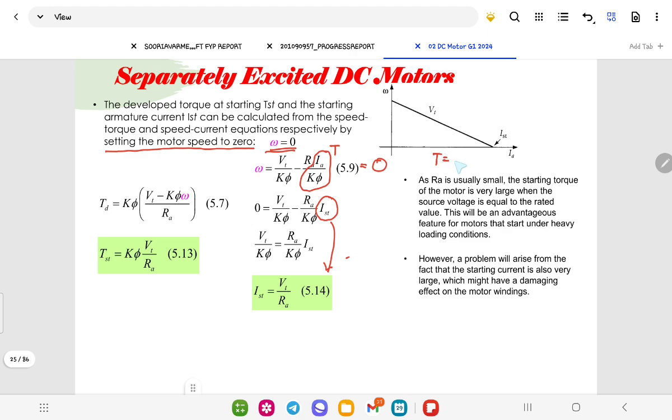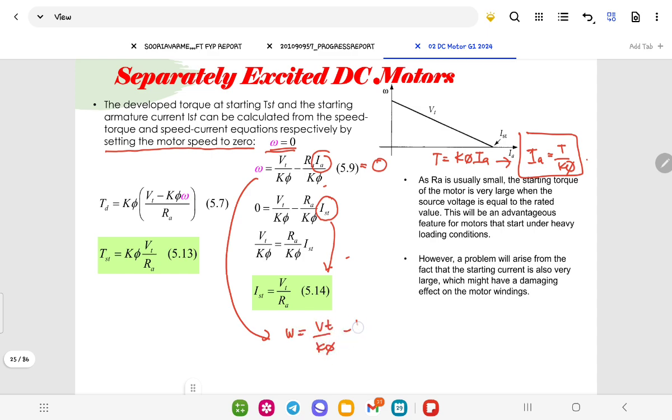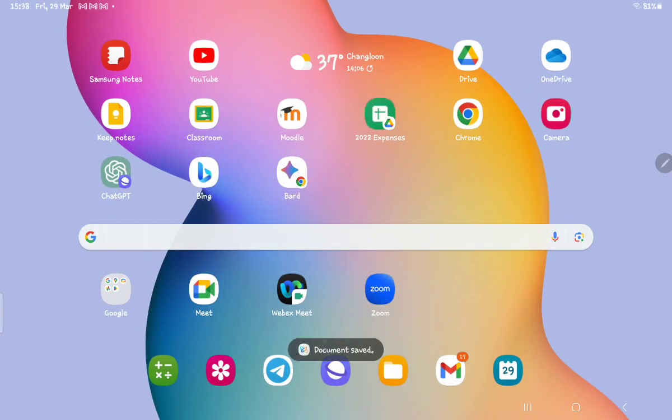T equals kV IA. When you rearrange for IA, it's T over kV. Now I substitute this IA into the equation, and it becomes VT over kV minus RA, T over kV squared.